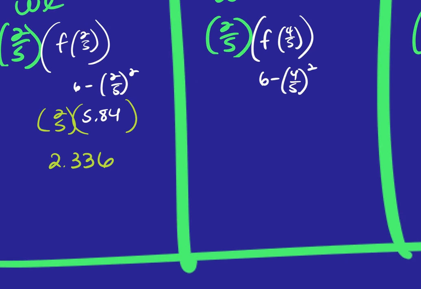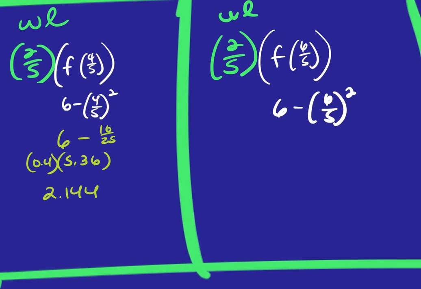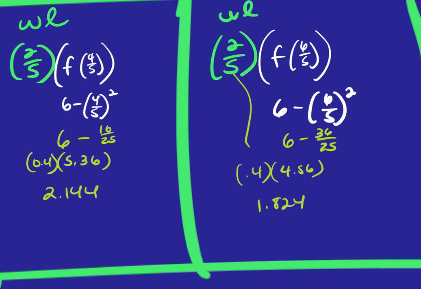Then 6 minus 4/5 squared, which is 5.36, and I'm going to multiply that times my 0.4, which is 2/5. 2.144. Then 6 minus 6/5 squared, and I get 4.56, times the 0.4, 1.824.